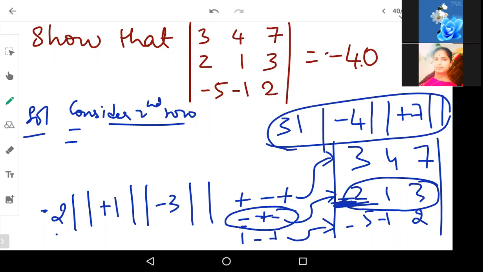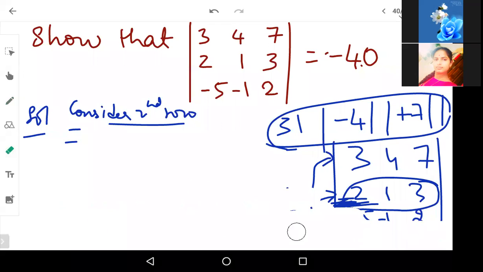I want you to show that you will still get the same answer. That is why I am considering the second row. Now understood? Okay, good. How about others? Others understood? Okay. Now let us solve the problem. If you have understood, very good.